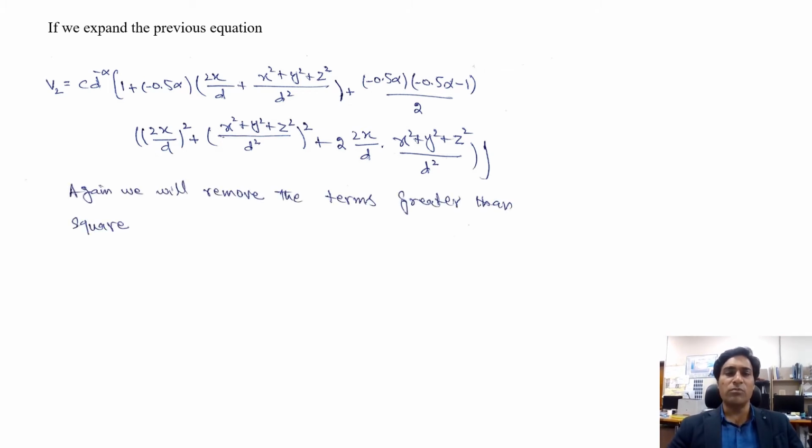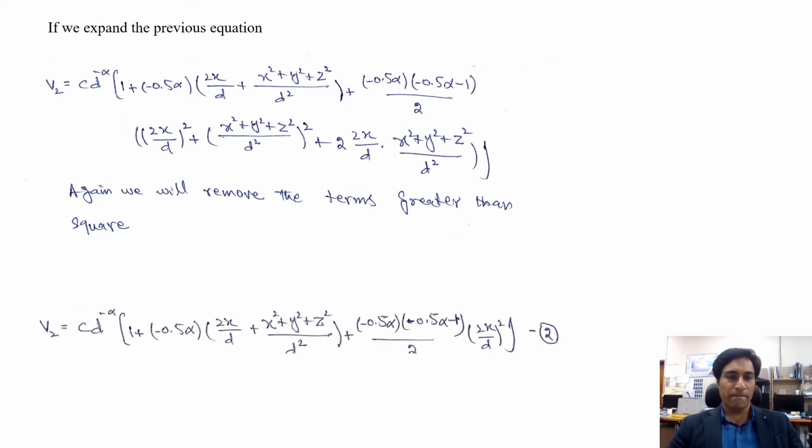Again we will remove the terms greater than square, as I explained in the previous slide. We will get V2 is equal to c d minus alpha into 1 plus minus 0.5 alpha 2x over d plus x square plus y square plus z square over d square, plus minus 0.5a into minus 0.5a minus 1 over 2 into 2x over d whole square. So this is equation 2.